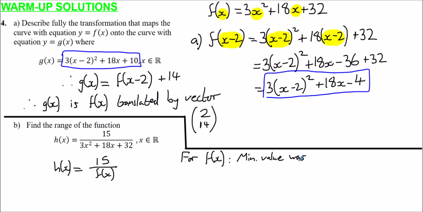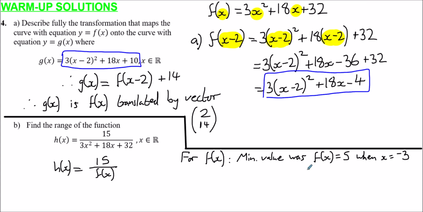And that was when we got y was 5. It was f of x equaled 5 when x was at negative 3. So that's what we can base this on next.